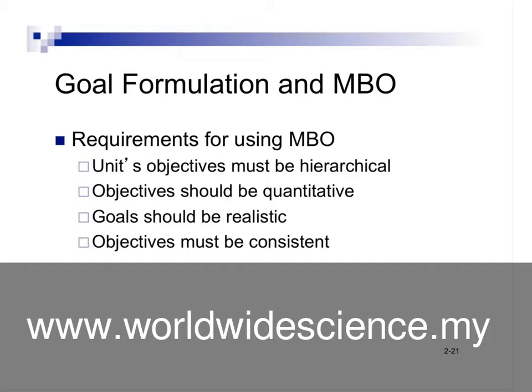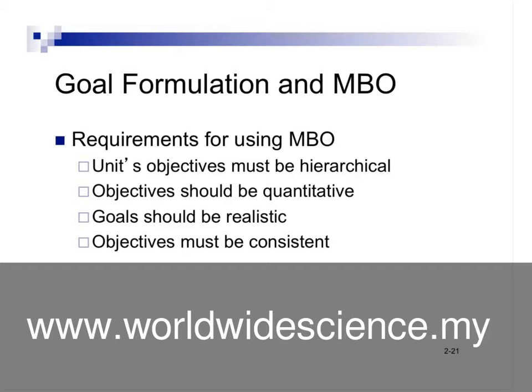Then it should be quantitative. You can't just say, okay, let's make as many sales as we can and that's it. You need to come up with exact numbers and how you're going to make them. So quantity is very important. We have quality and quantity at the same time, but what is really important is for you to understand how quantity plays a role and how it helps you do what you're supposed to do.